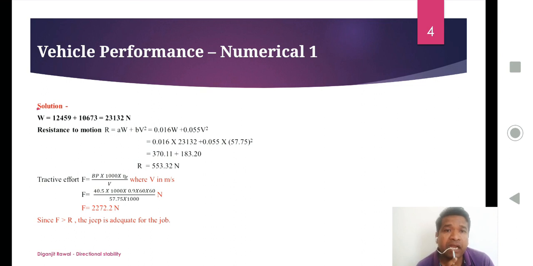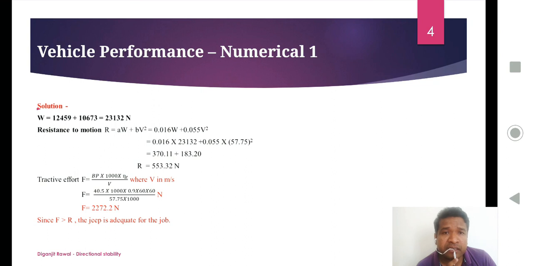So the values come as 370.11 plus 183.20, and R becomes 553.32 Newton. So this is the resistance to motion, R value in Newton.